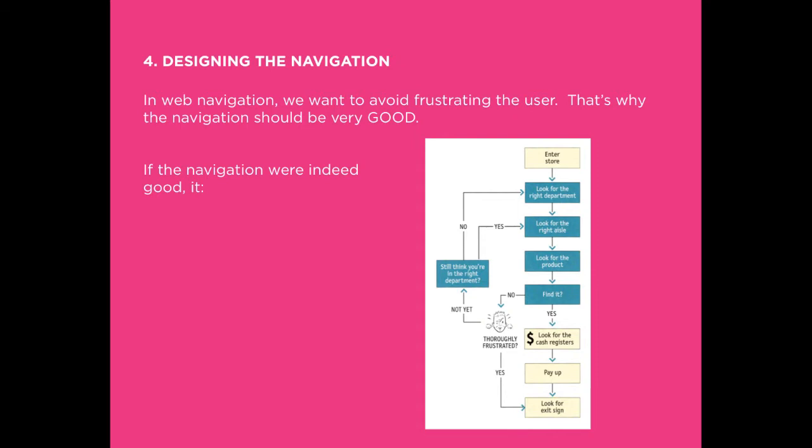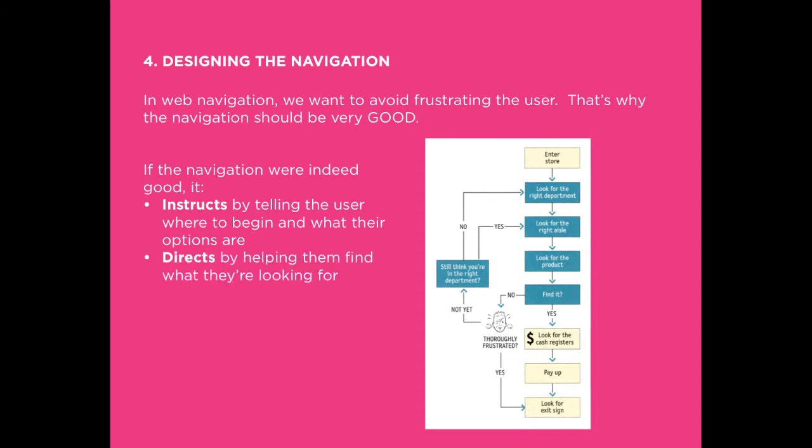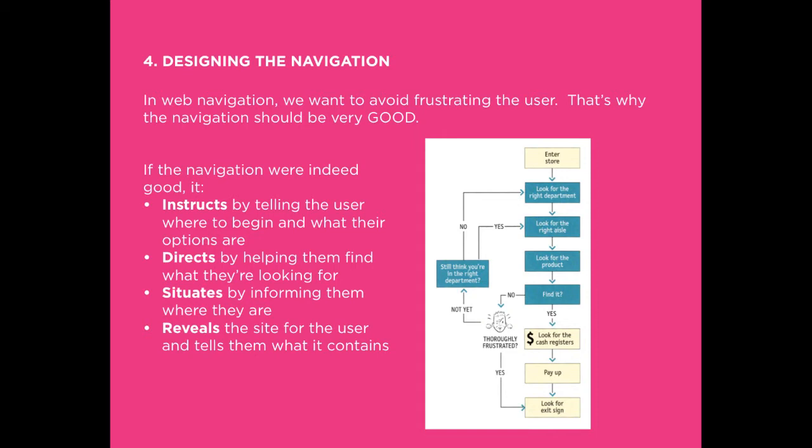If the navigation were indeed good, it instructs by telling the user where to begin and what their options are. It directs by helping them find what they're looking for. It situates by informing them where they are. And it reveals the site for the user and tells them what it contains. So we want to avoid frustrating the user.